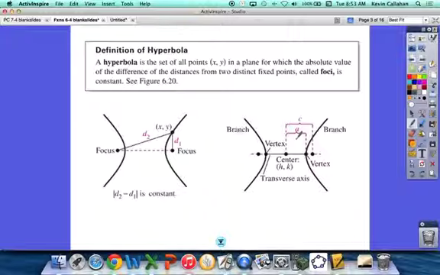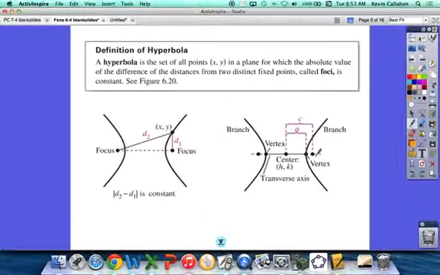Now notice the relationship between A and C. A still represents the distance from the center to the vertices. So here's A. But the focus is sitting inside the branch over here. C still represents the distance from the center to each focus.